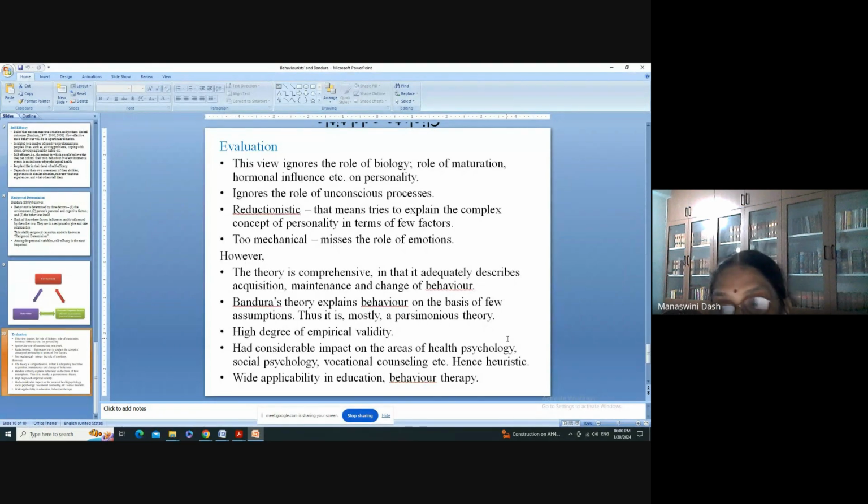The heuristic value of the theory is very high. The theory is also applied in education and behavior therapy. So, I think we should stop here. If you have any doubt, please ask.